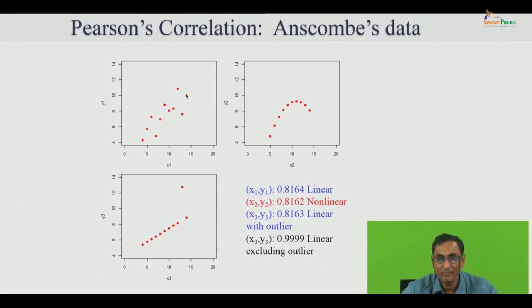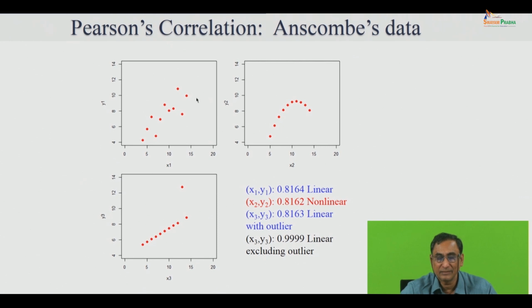In the second data set, you can conclude that there is a non-linear relationship between x and y. And in the third one, you can say, well, there is a perfect linear relationship for all the data points except one, which seems to be an outlier, far away from that line.